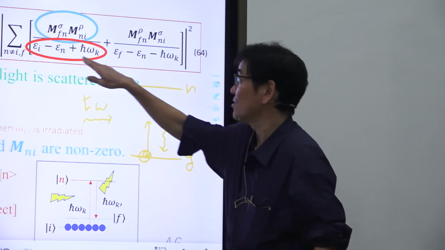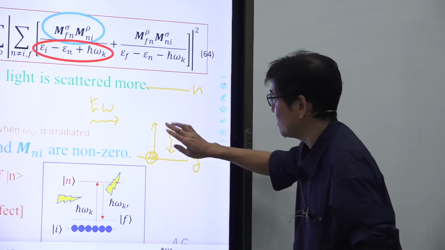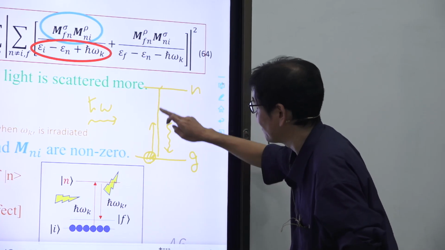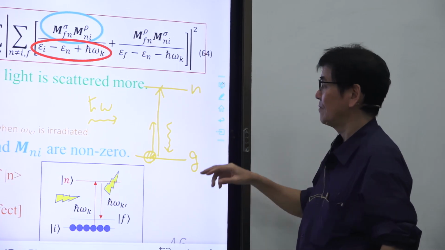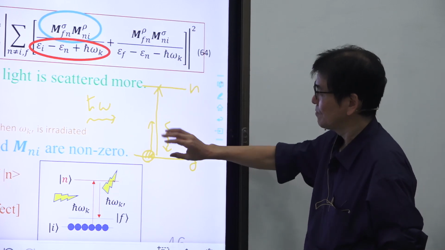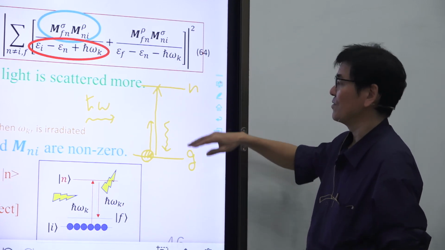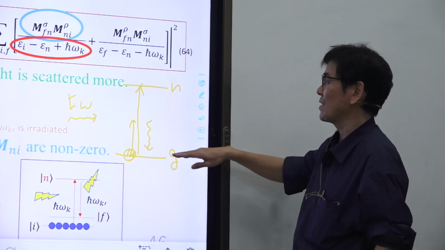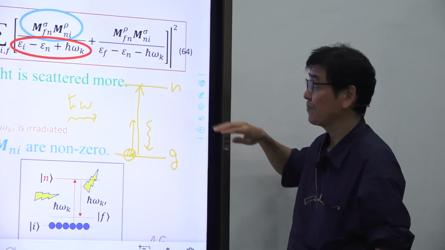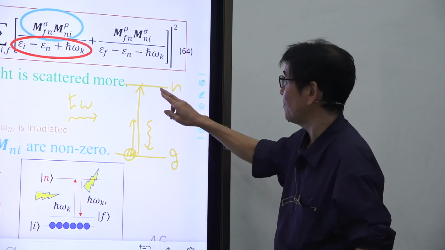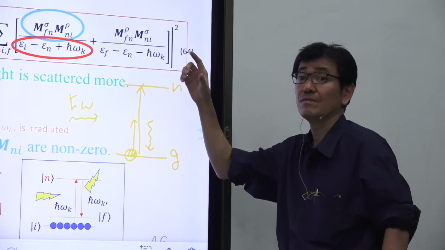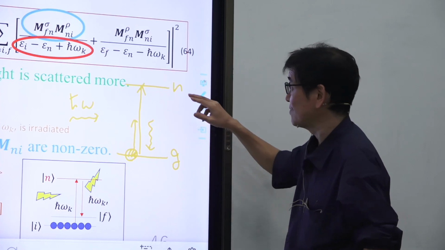And this equation tells us that if the energy is identical to the energy spacing between the ground and the intermediate real state, then the denominator reaches 0 or a very small value.